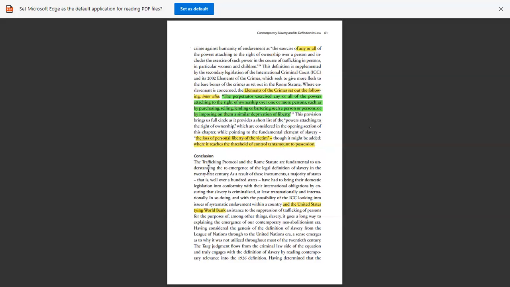So just as they close this out, they got trafficking protocols and Rome statutes and all kinds of international things from the international courts and conventions. But they do basically point out the United States tying World Bank.